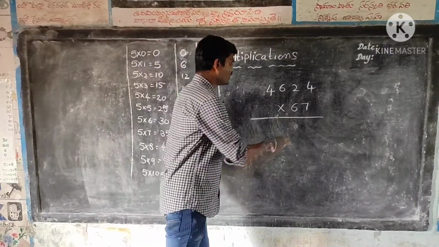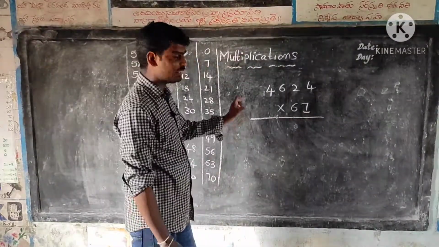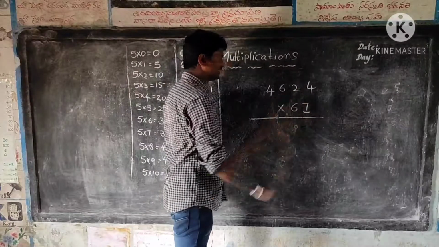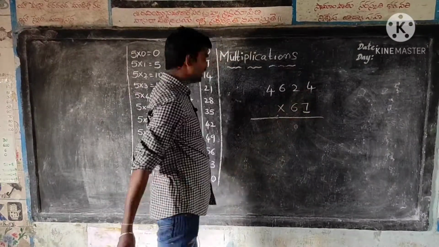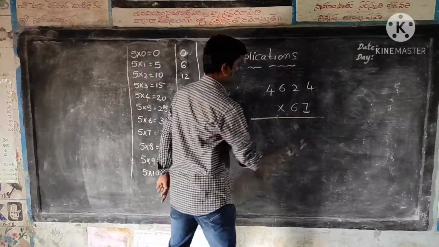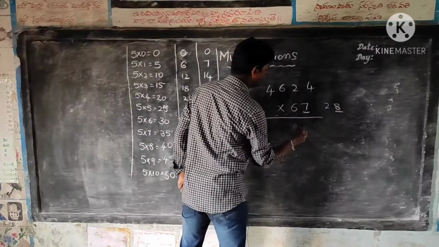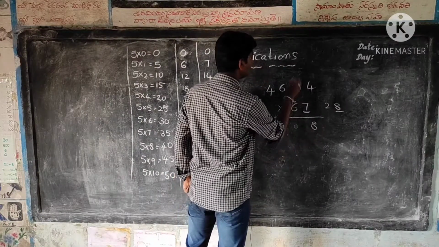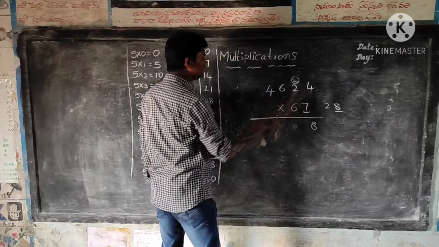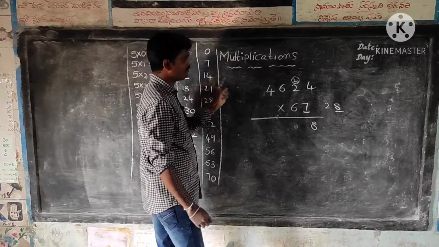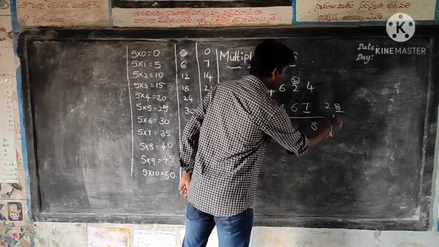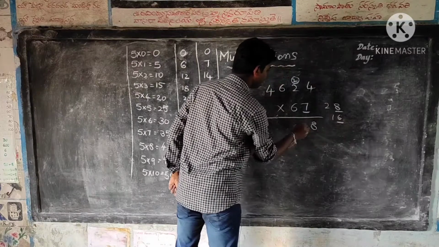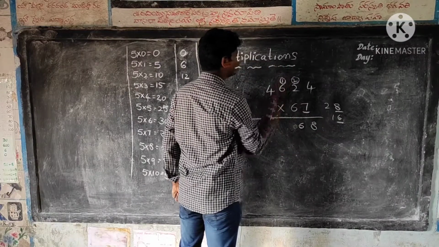The same way, first you do the multiplication with the ones place digit. 7 4s are 28. Write the 8 here and 2 is carry. 7 2s are 14, 14 plus 2, 16. You write the 6 here and 1 is carry.